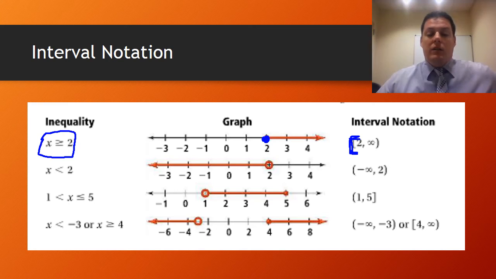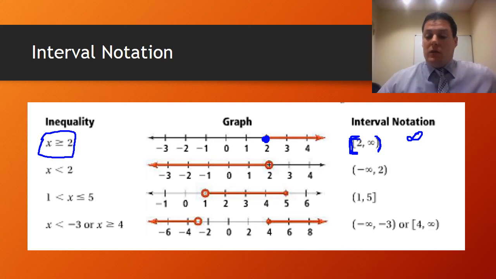So a bracket, and then this line goes from 2 to infinity and beyond, right, Buzz Lightyear? So 2 to infinity is what this means. And then since infinity doesn't close, we're going to leave it as an open parenthesis. Open parenthesis means it doesn't include that number.